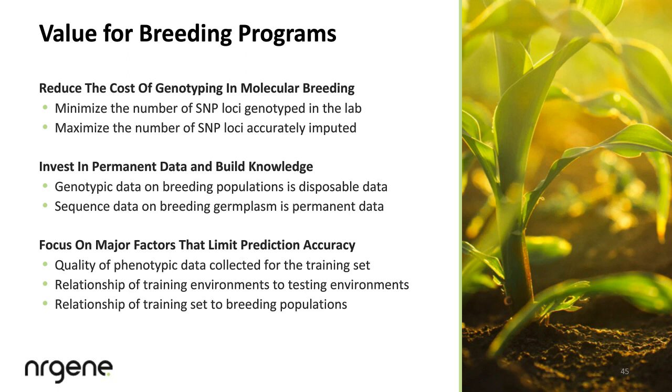The accuracy of genotypic data on the breeding populations really has a small influence, and frankly is one of the easiest ones to address and measure in a situation where we have the appropriate things in place.